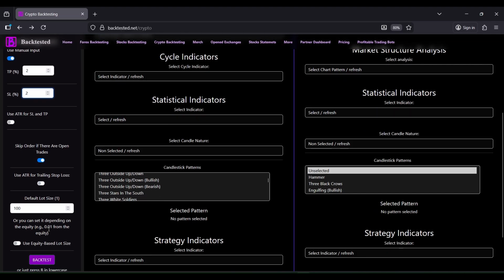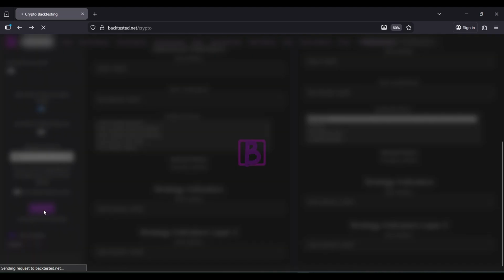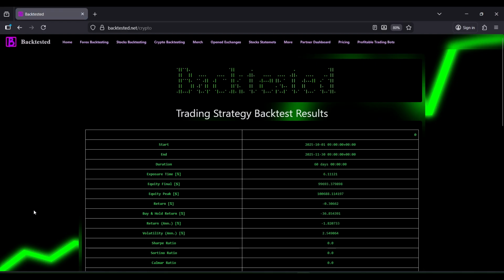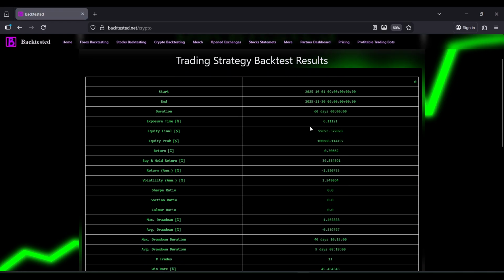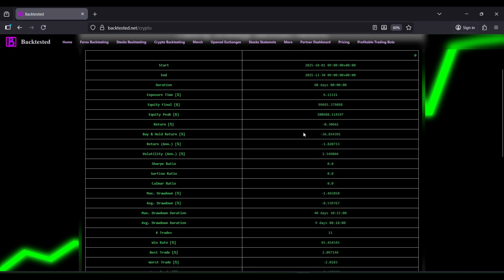Let's give it a try and see if there is any change in the stats. Okay, this is it. The return is still negative, but less worse.